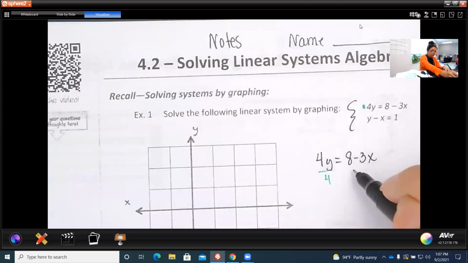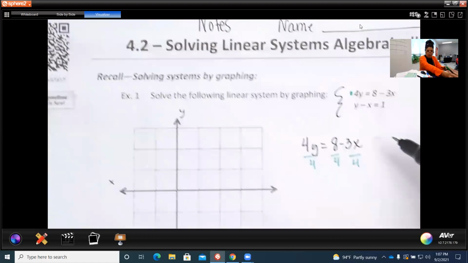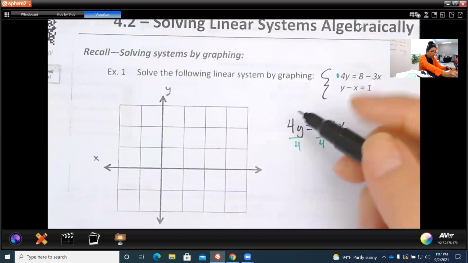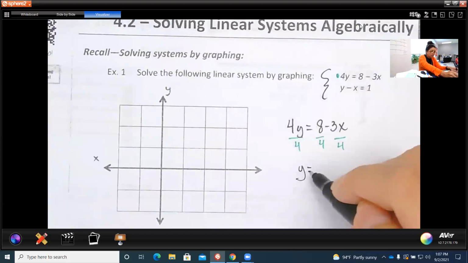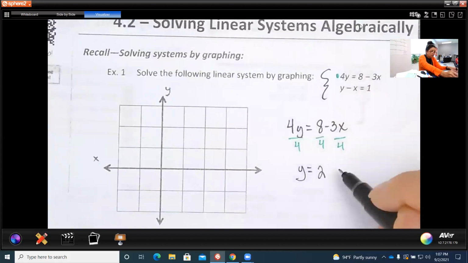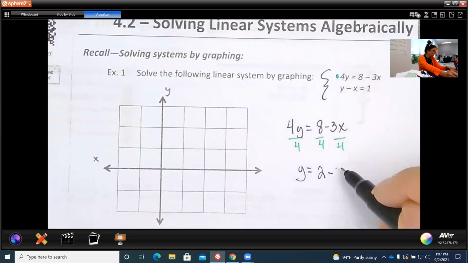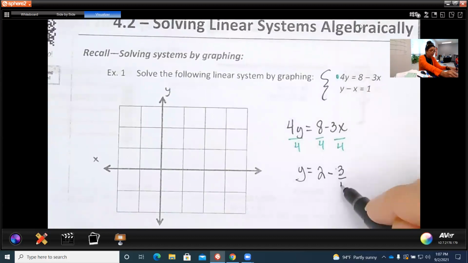We're trying to get it in what kind of form? Slope-intercept form. So what is 4y divided by 4? y equals 2 minus 0.75x. Can I leave it as a fraction since it's going to be my slope? Yes, I would rather do that.